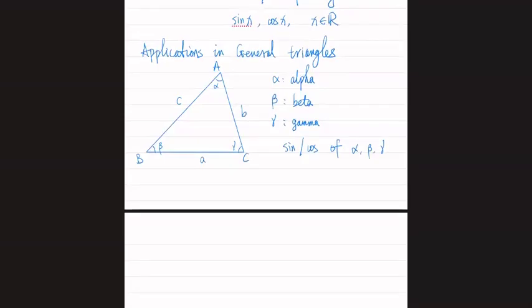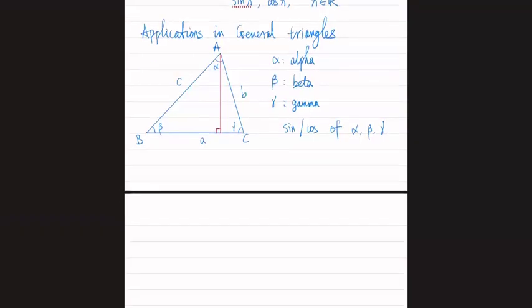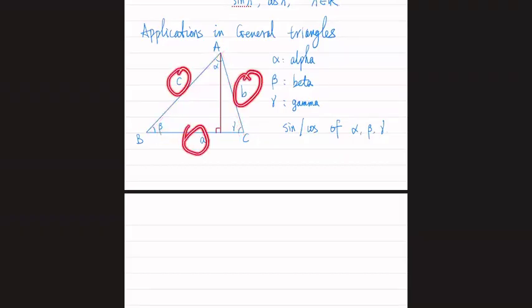Okay, let's see some applications of this. Now let me draw a perpendicular line. We have a lot of information over there. We have angle beta, angle gamma, and the sides.